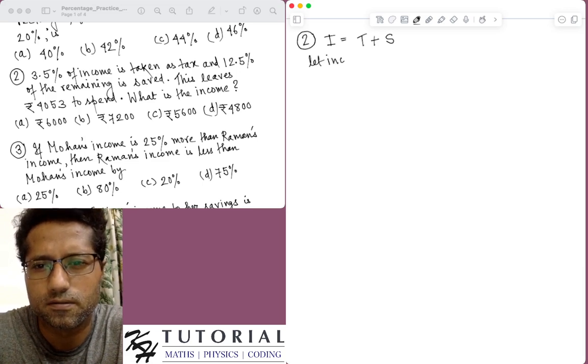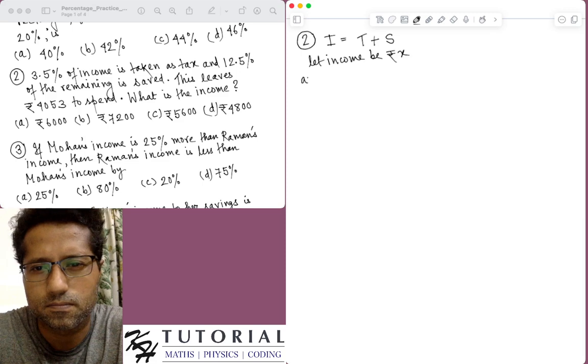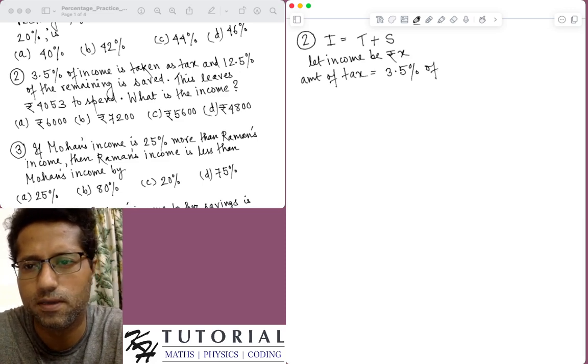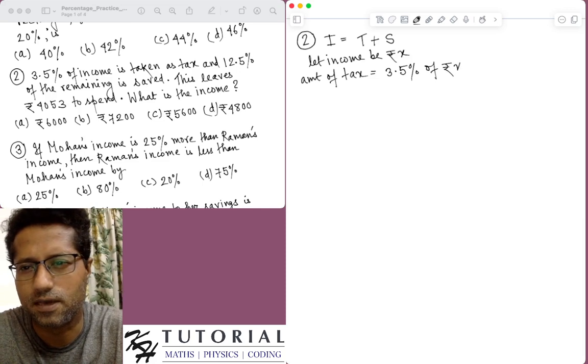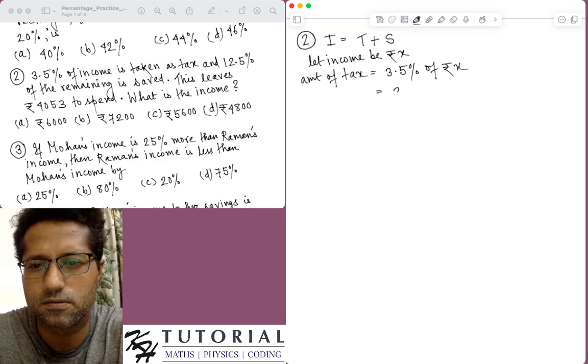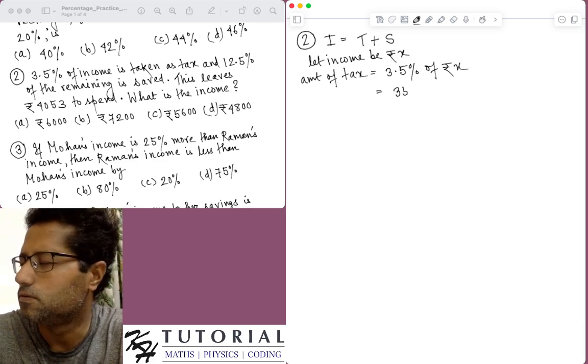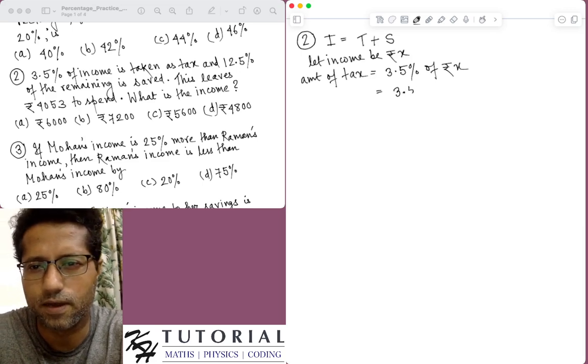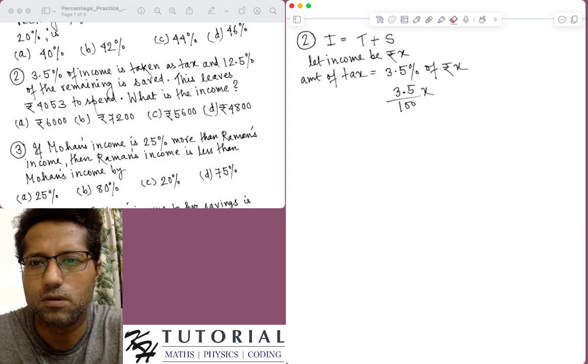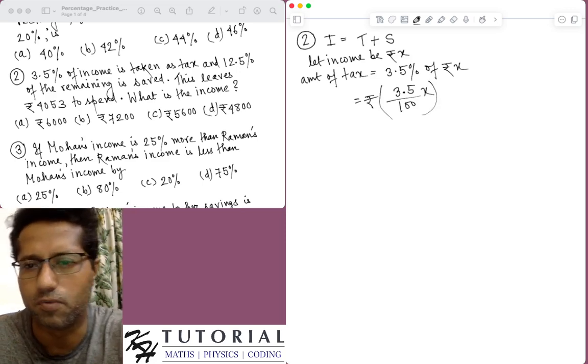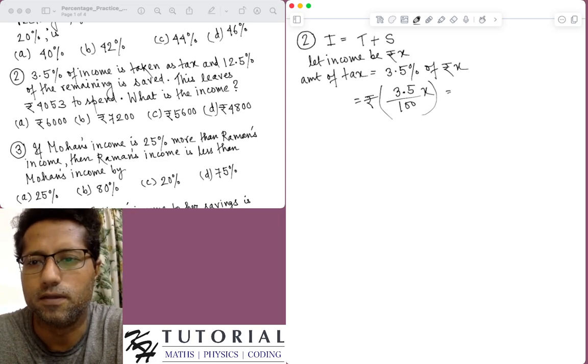Now let income be rupees X. The amount of tax is given to be 3.5% of the income, which we have assumed to be X. So 3.5% of rupees X means 3.5 divided by 100 multiplied by X. This can be further simplified.